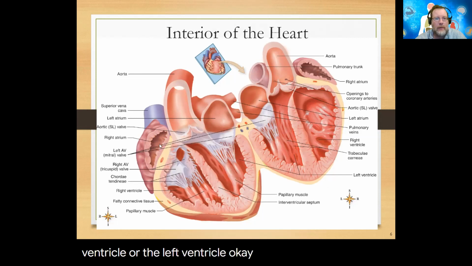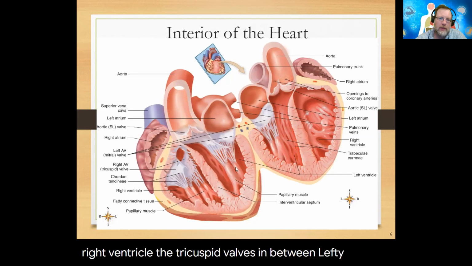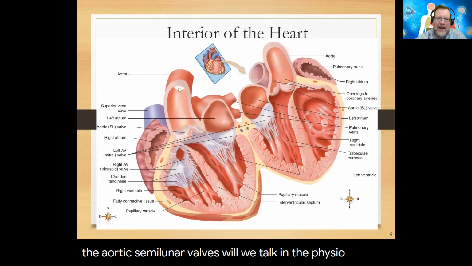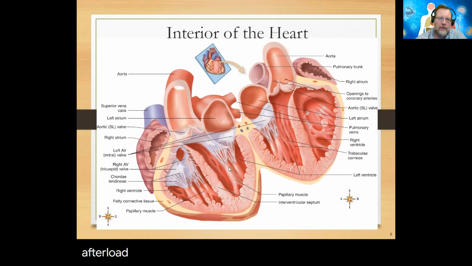Okay. So anyway, right atrium, right ventricle, the tricuspid valve in between, left atrium, left ventricle with the mitral or bicuspid valve. Then we again see the aortic semilunar valve. Well, we talk in the PhysioEx about afterload, after the ventricles contract and eject blood into the aorta.